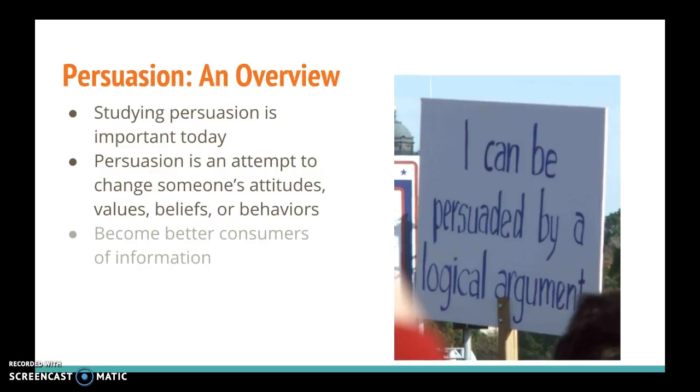And so knowing how to persuade and understanding the theories of persuasion helps us become better consumers of information. Like I said, there's a lot of information out there, and we have to learn how to weed through it all. We have to learn how to listen critically to messages so that we can decide whether we actually want to change our attitudes or our values or our beliefs.